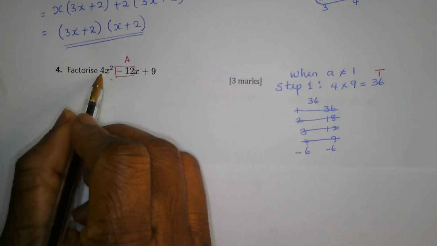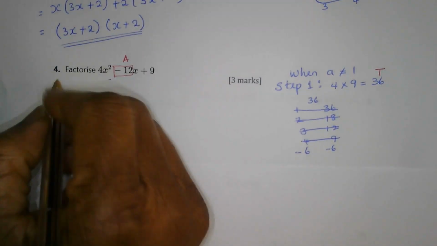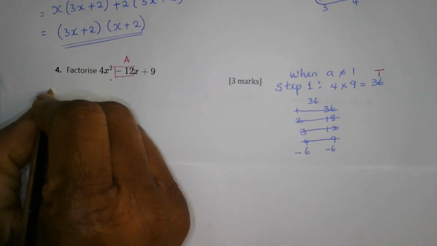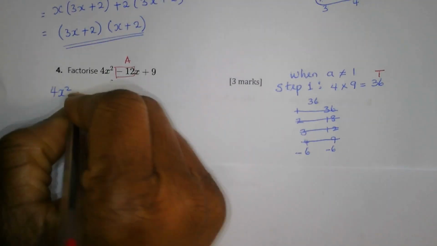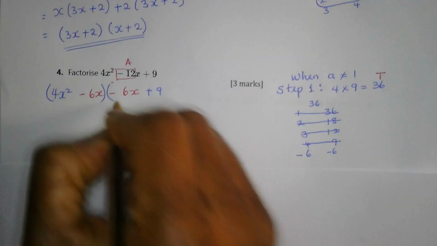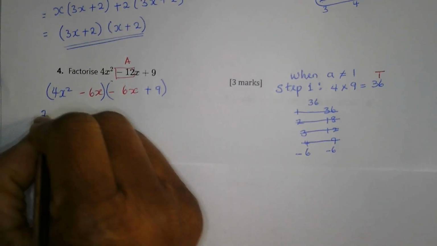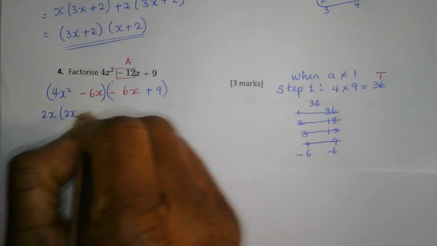As usual, because a is not equal to 1, we cannot just open two sets of brackets. We need to rewrite this as 4x squared minus 6x minus 6x plus 9. Add brackets around and factorize each bracket. Here I would have 2x, open bracket 2x minus 3.